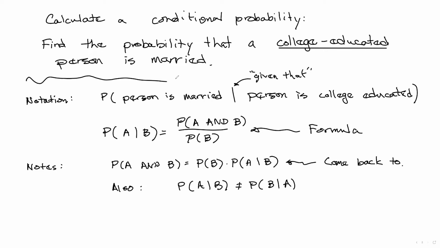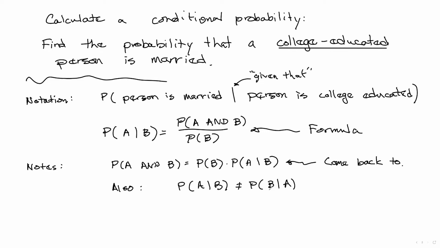Let's ignore the college educated and married thing, because it's maybe more difficult to understand the relationship there. If you used something like college educated and making over $100,000, then on one side you've got the probability that you'd make over $100,000 given that you went to college. And on the other side, you have the probability that you went to college, given that you make over $100,000, and those are just not interchangeable.